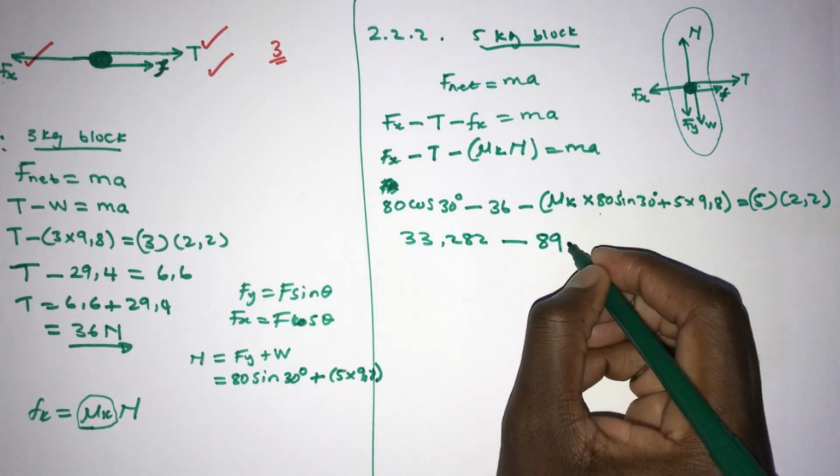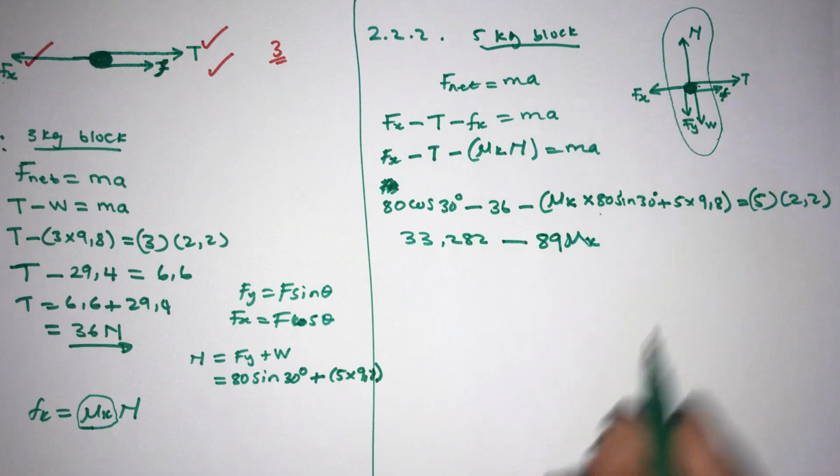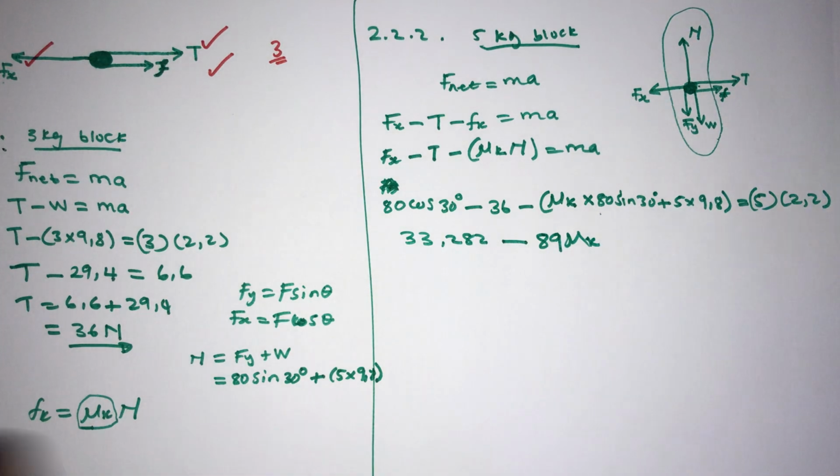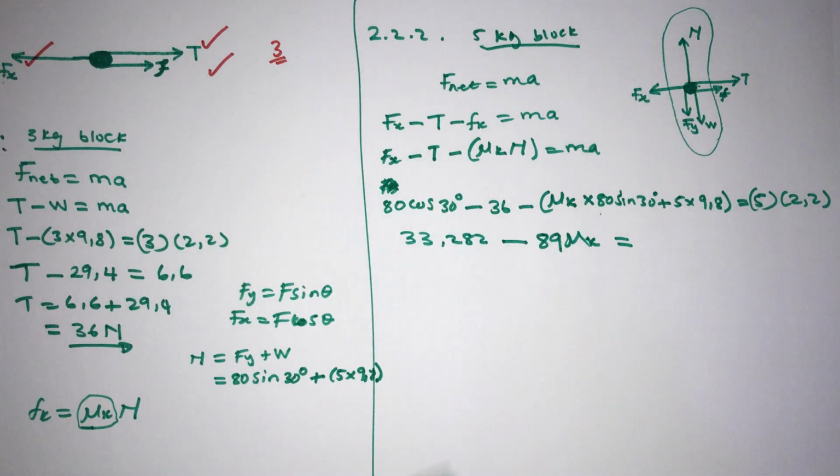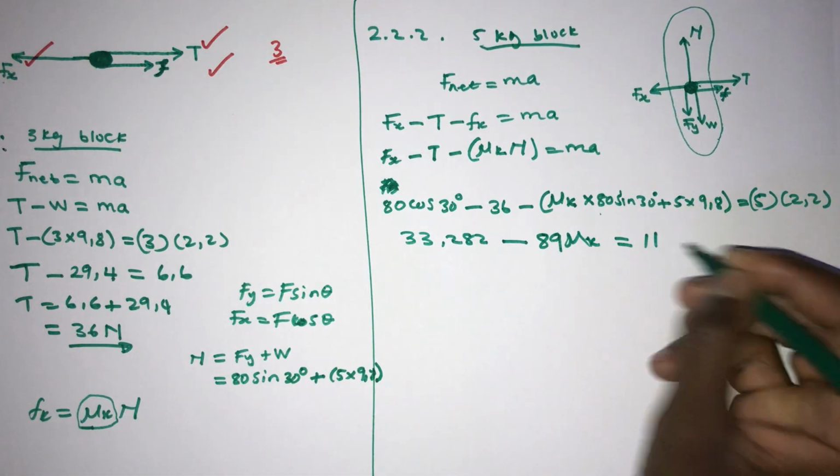So multiply by this one, so the coefficient of kinetic friction. So this 89 coefficient of kinetic friction, then it's equals to 5 times 2.2, this is 11.